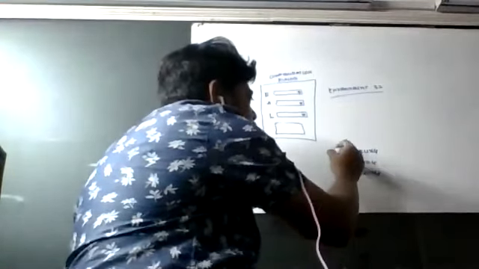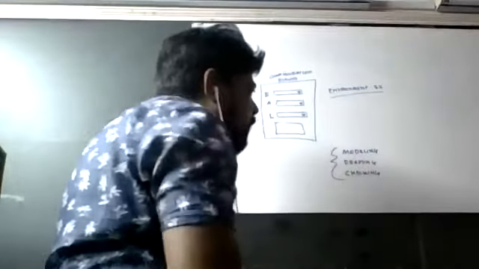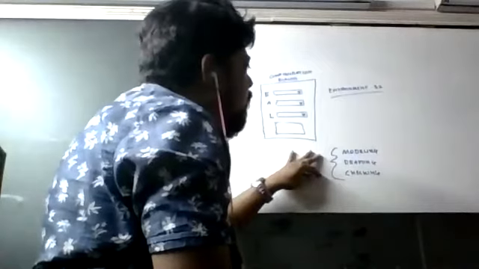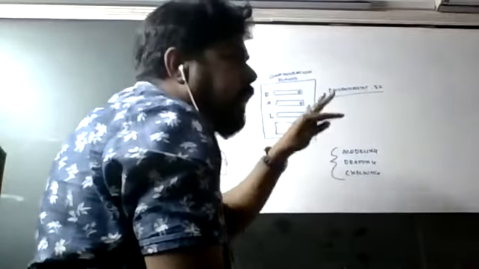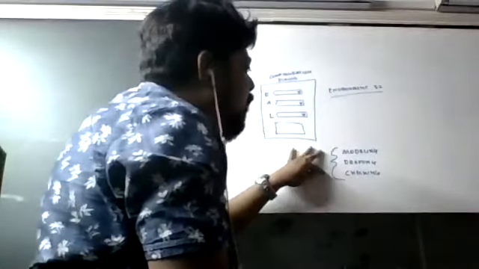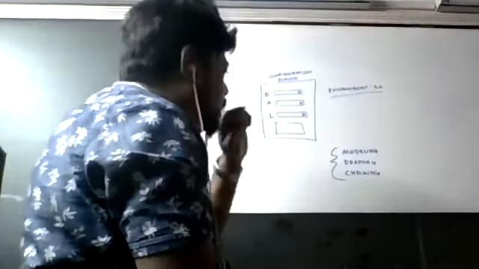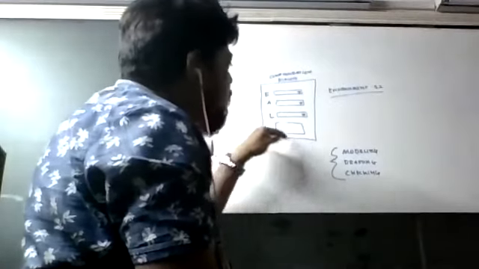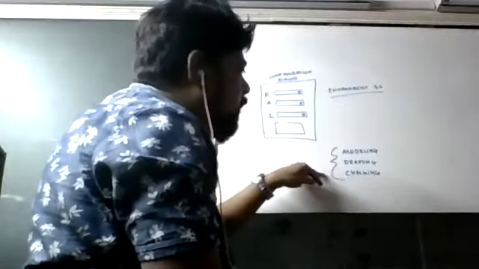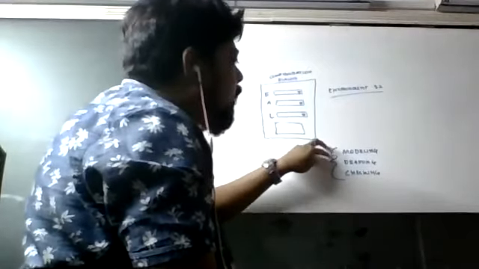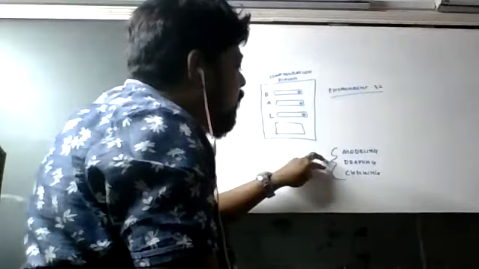So these are the three basic types of areas where the Tekla team will be working, divided based on these three classifications: modeling, drafting, and checking. And our license will be available to these three different categories.